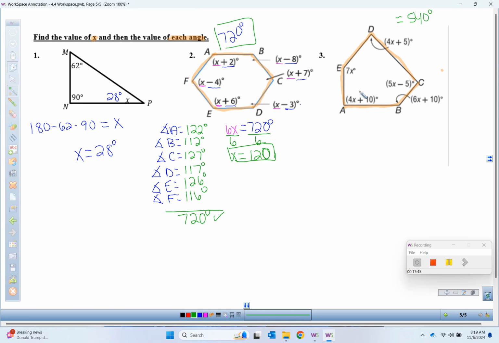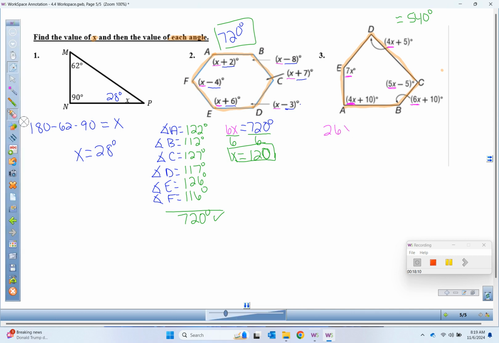Okay, so solving for x, we can go find like terms. We have 4x plus 7x plus 4x plus 5x plus 6x. And that gives me 26 x's.